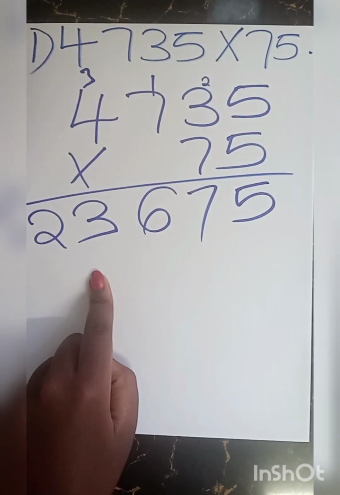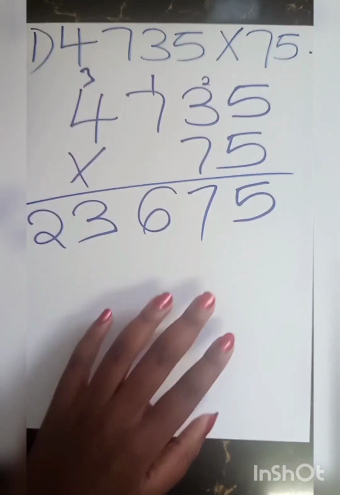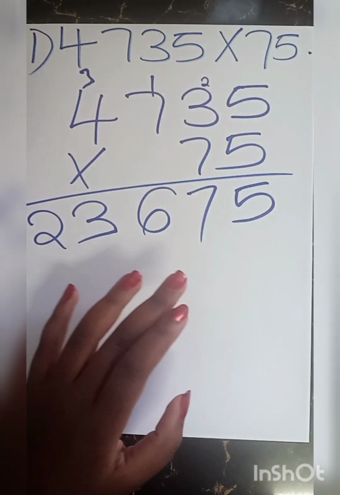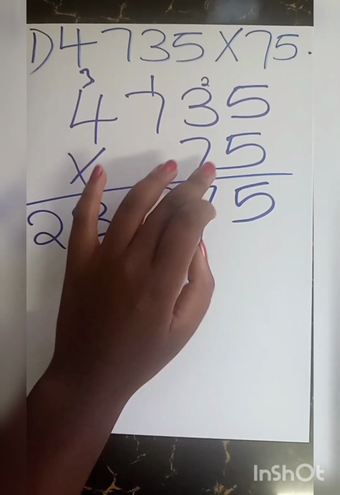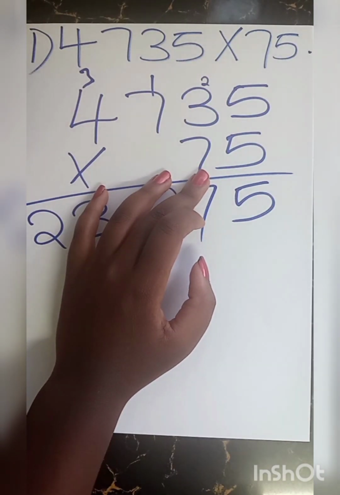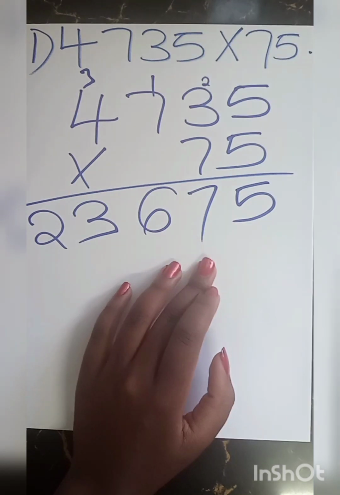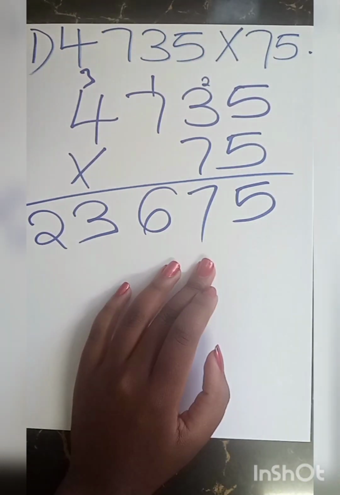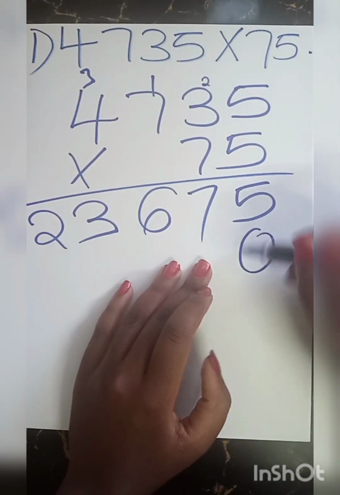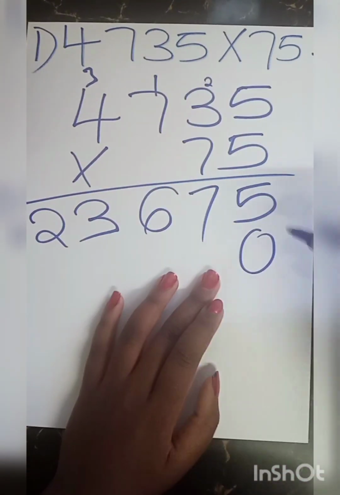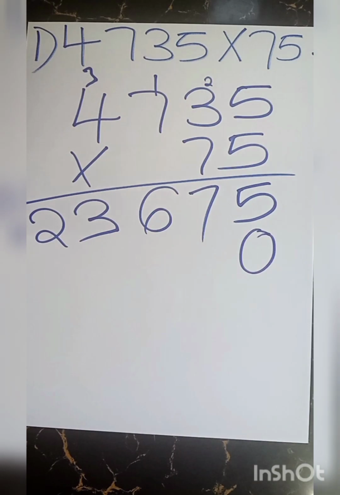Are we together? Since our second digit is in the tens place, our answer line will also start on the tens place. And it's always advisable to put a 0 in the ones place before you multiply the second digit so that you don't forget. So let's get into it.